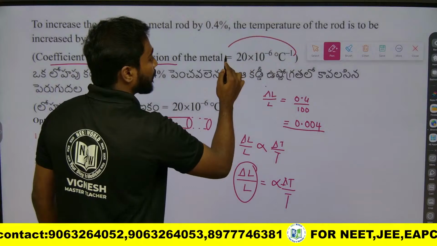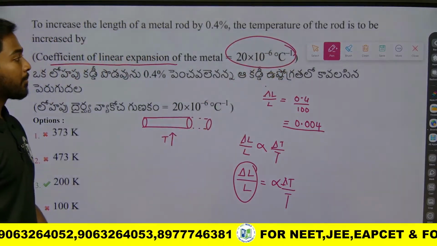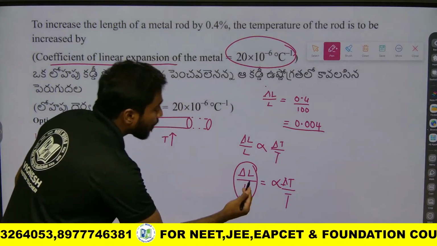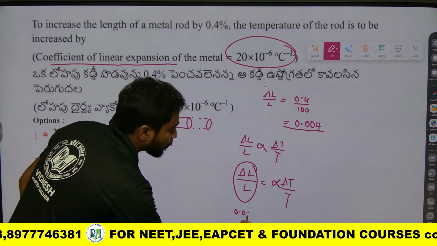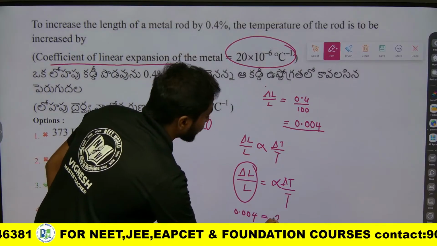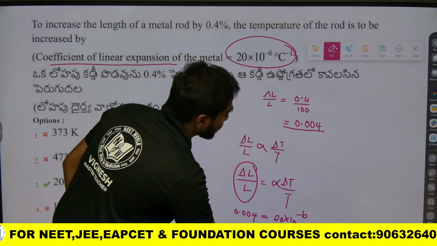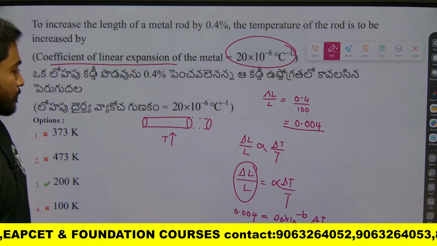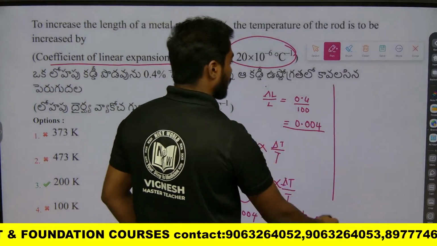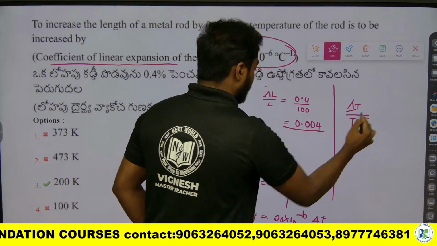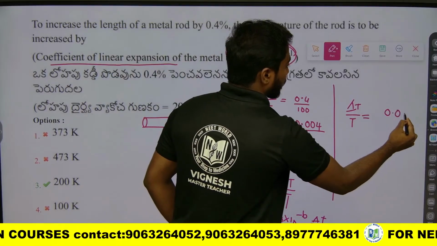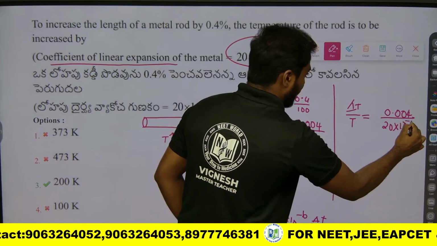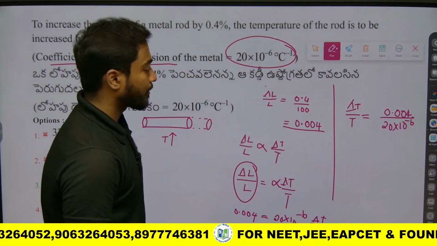Okay, it is 20 into 10 power minus 6 per degree Celsius, right? So 0.004 is equal to 20 into 10 power minus 6 into delta T. Okay, I need to find delta T, which is equal to 0.004 divided by 20 into 10 power minus 6, right?